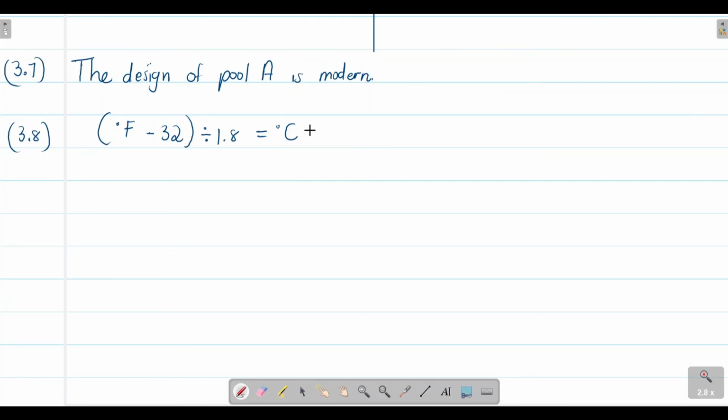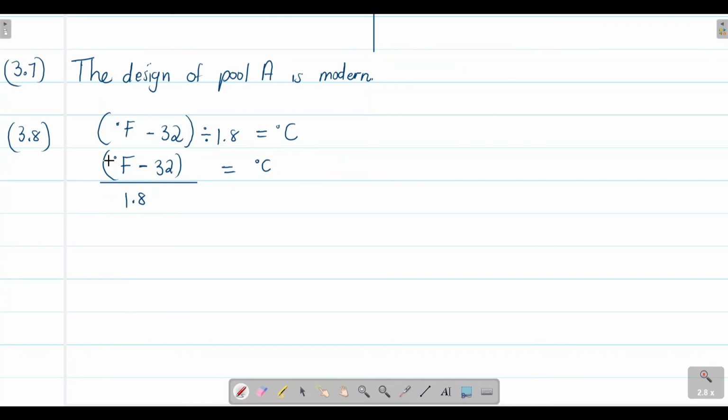So before I substitute the given values into this formula, I first want to isolate my degrees Fahrenheit. So how can I do that? This, degrees Fahrenheit minus 32, divided by 1.8, is equal to degrees Celsius, right?